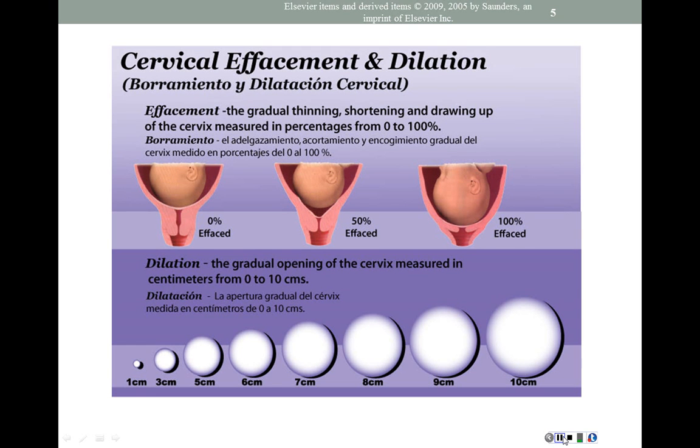I happen to have a ruler handy, and I measured on screen, and the 10 centimeters measures 5 centimeters, so this is about half scale to give you an idea of how much the cervix has to open in order for baby to be born.